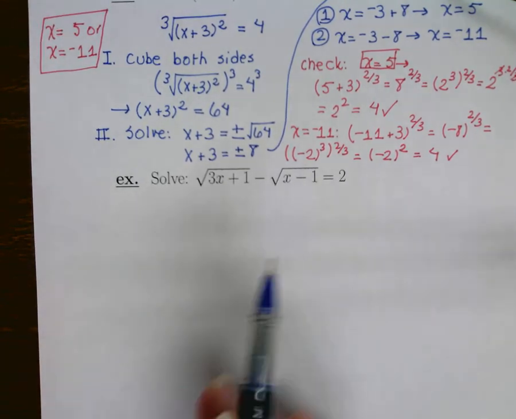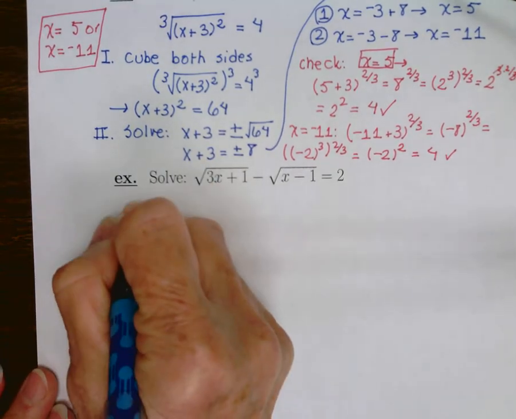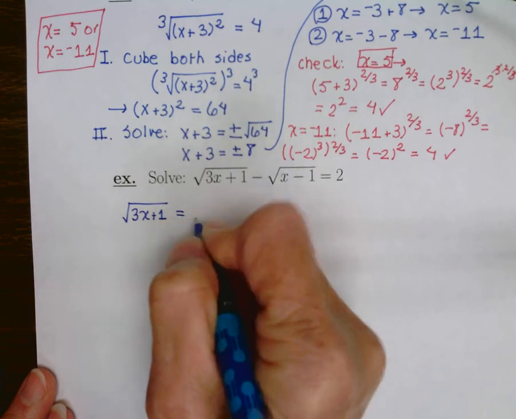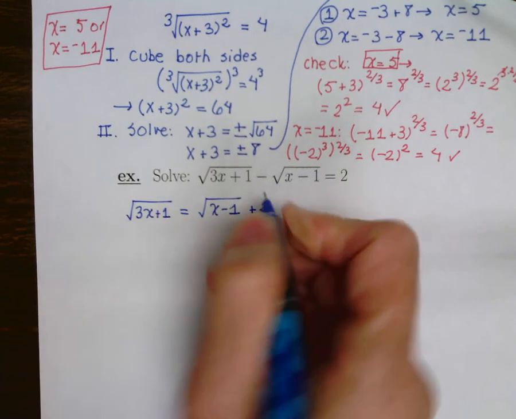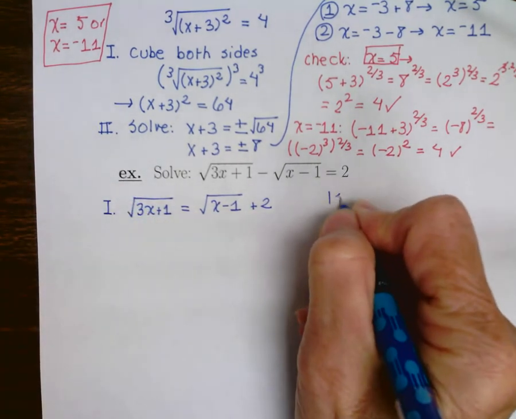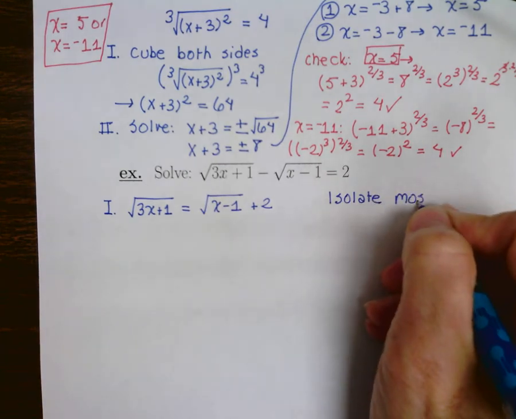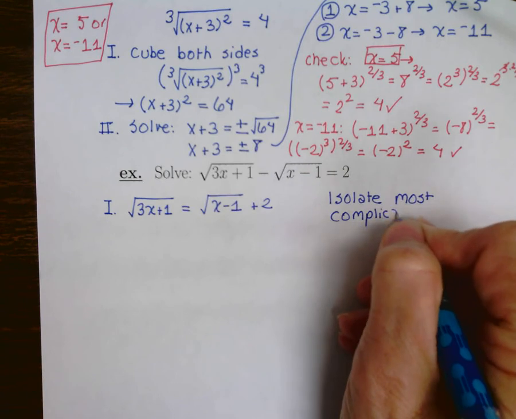I can isolate either radical, but my life will be easier if I get the hardest radical by itself. So my first step is to isolate the most complicated radical. And you'll see why as we work our way through this problem.